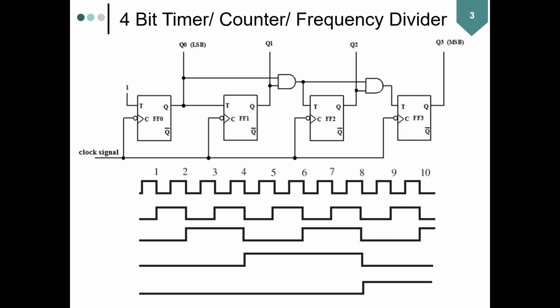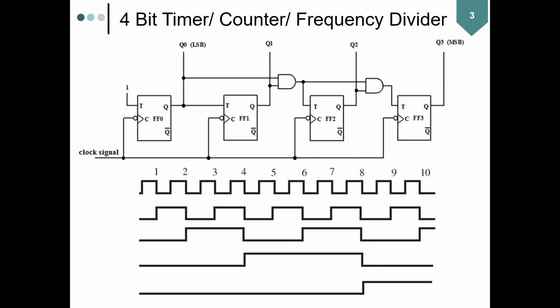The T-type flip-flop has the characteristic that once its input is tied to 1, whenever it receives a clock signal, it toggles its output. If earlier it was 0, it goes to 1, and if it was 1, then it goes to 0.